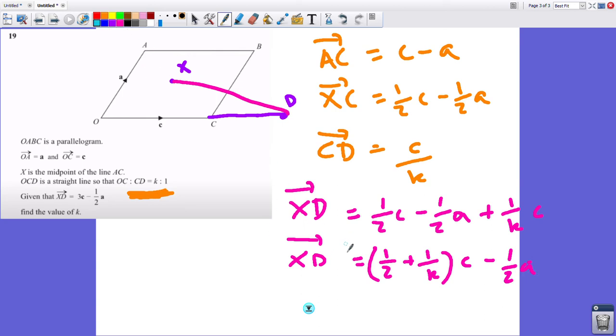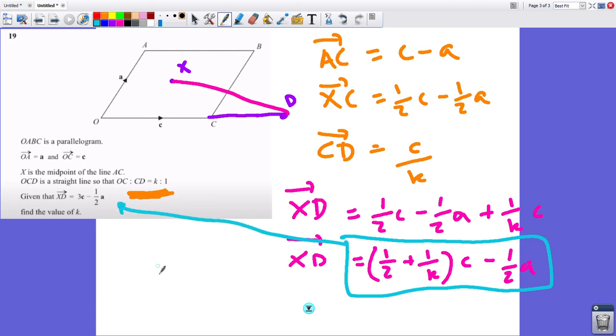Okay, now I'm going to compare what I found for XD to what they called XD. So I'm comparing this thing here I've just put a ring around to this thing here. We both got minus half A, so that's all sorted, that's all good.